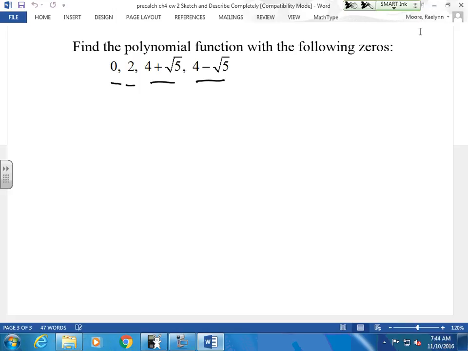So, what's my highest exponent going to be? 4. So somewhere I've got a polynomial in here, x to the 4th. These guys, not so bad. I'm going to set these 2 equal to 0. So x, I'm okay with x, right? X minus 2, oops.